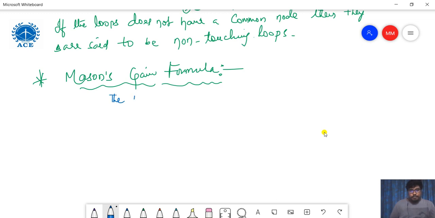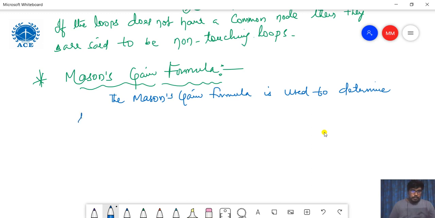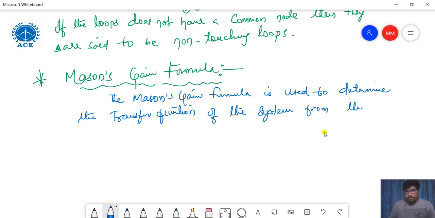Mason's gain formula is used to determine the transfer function of the system, basically a control system, from the signal flow graph of the system.